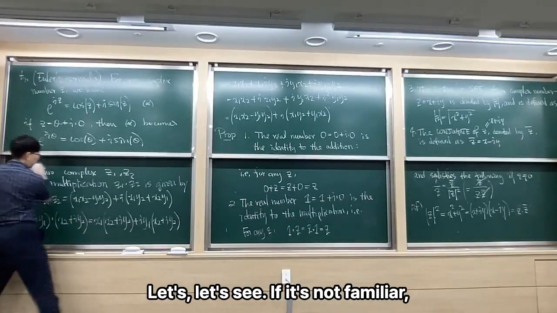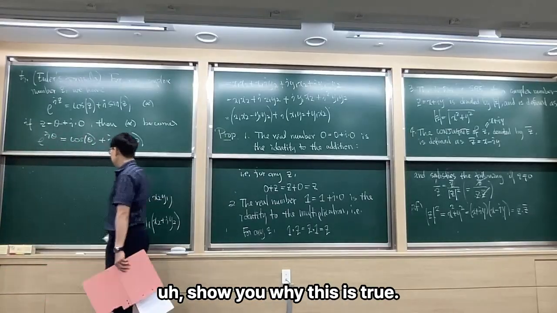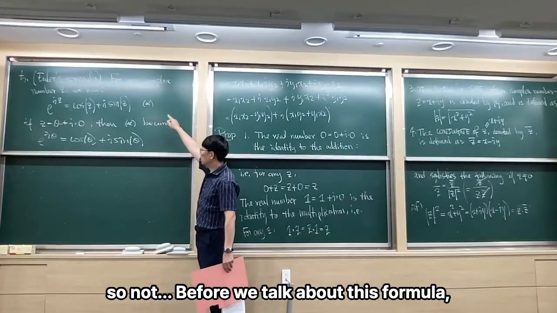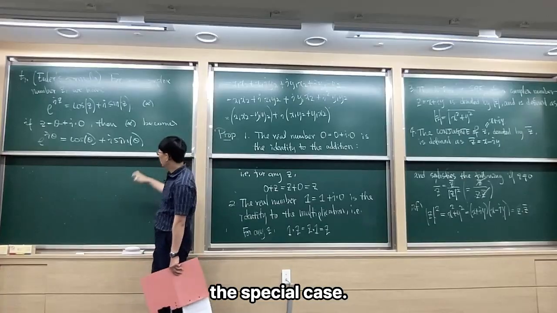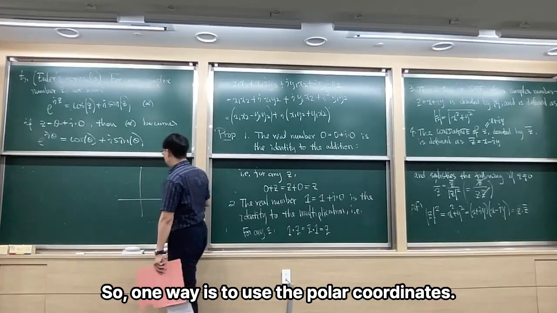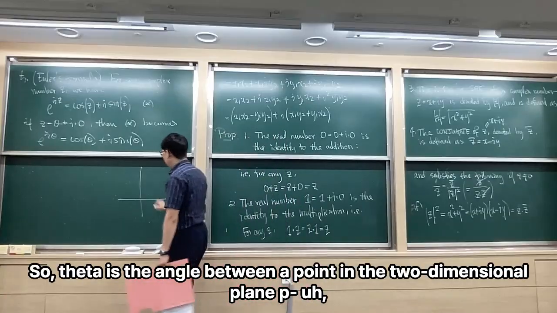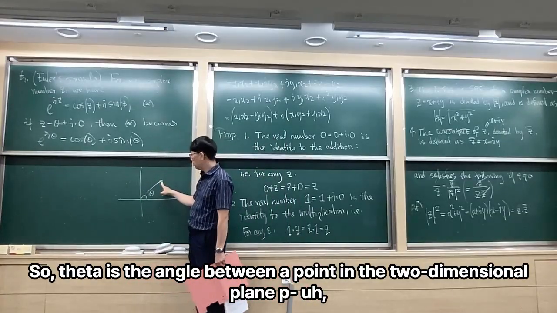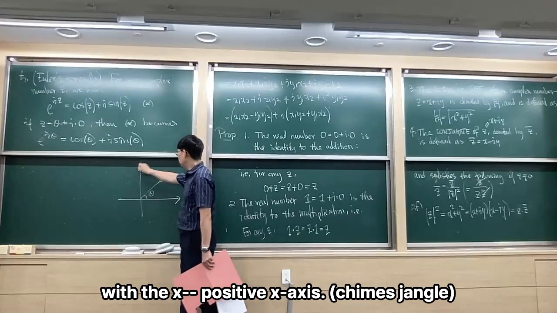If it's not familiar, that's okay. I'm going to show you why this is true. But there are many ways to interpret this formula. So before we talk about the general formula, let's talk about this special case. One way is to use the polar coordinate. So theta is the angle between a point in the two-dimensional plane and the positive x-axis.